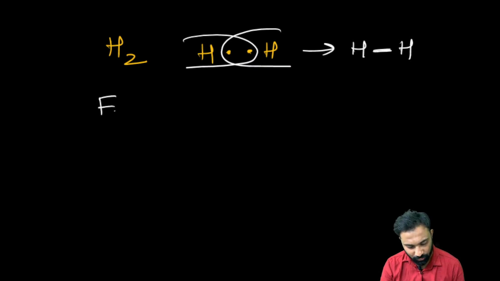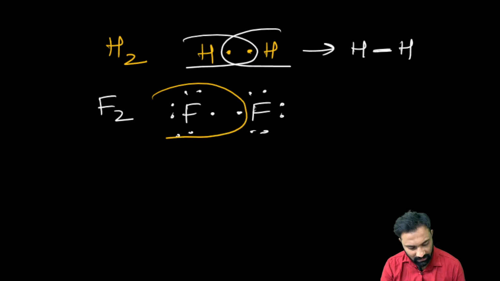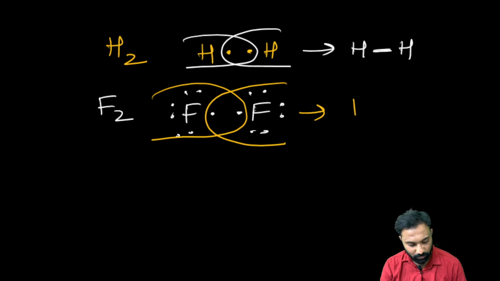Now fluorine, F2. Fluorine valency electrons are 7, and another fluorine's valency electrons are 7. Each fluorine, to complete its octet, requires 1 electron, so fluorine covalency is also 1.